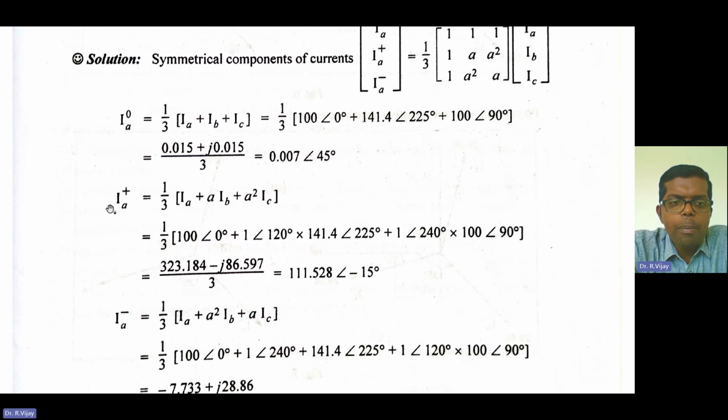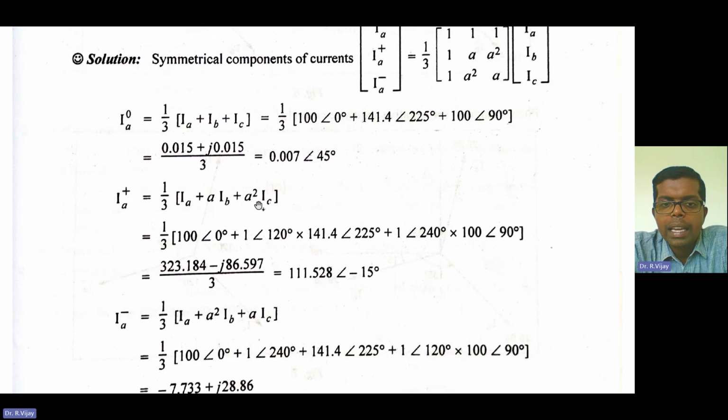Next, IA positive. IA positive is equal to 1 by 3 into IA plus A into IB plus A squared into IC. That is nothing but 1 by 3 into IA, 100 at the angle of 0 degree, plus A, which I already said is 1 at the angle of 120 degree, times IB. IB given in the problem is 141.4 at the angle of 225 degree, plus A squared. A squared means 1 at the angle of 240 degree, which we have seen in the previous formulation.